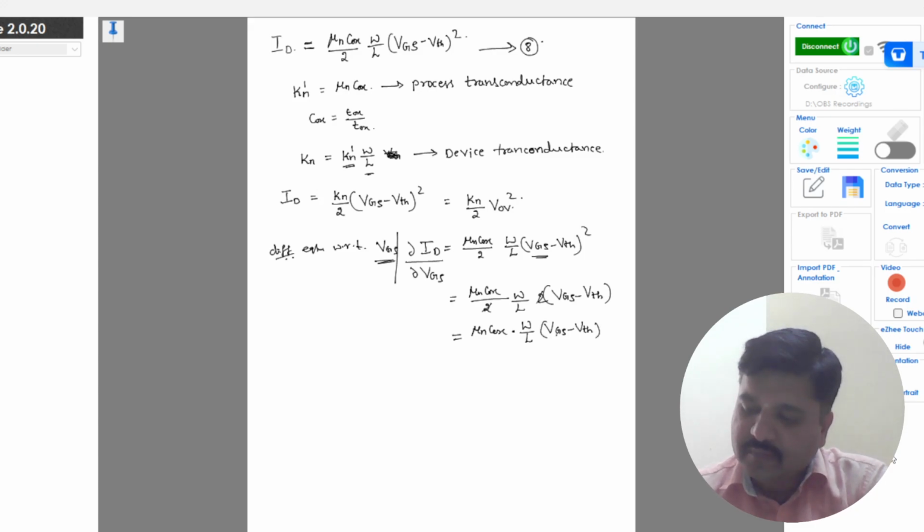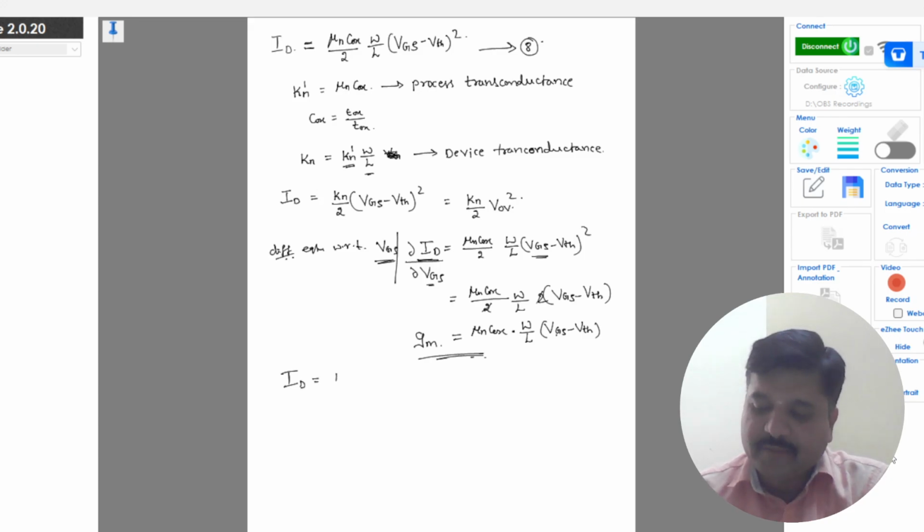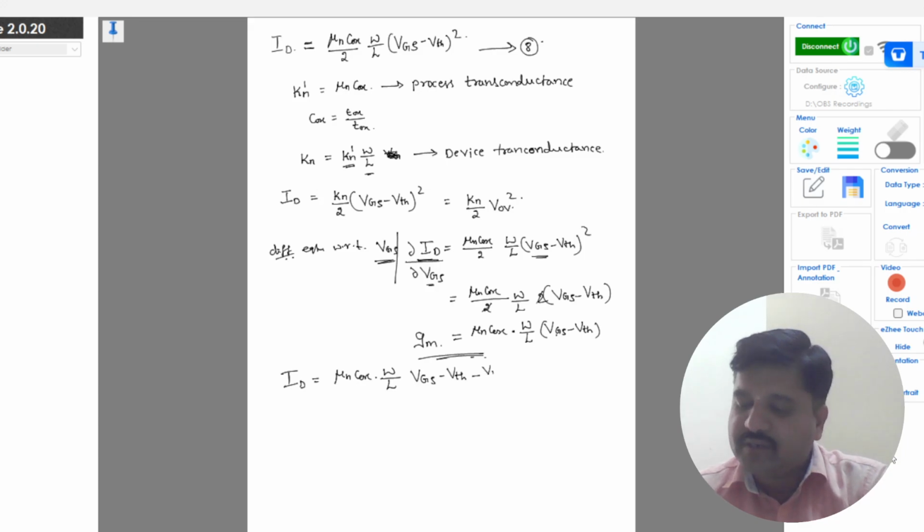So this is nothing but dID by dVGS, which is the transconductance given by GM. So GM represents the transconductance. We also have the current equation in the linear region, which is μn COX W by L into (VGS minus VTH minus VDS by 2) into VDS.